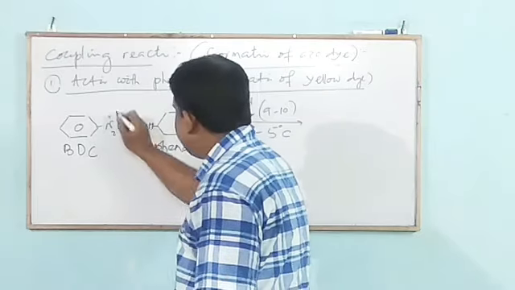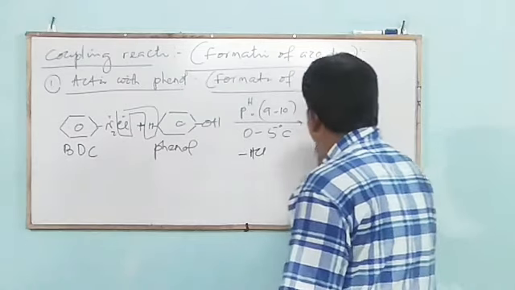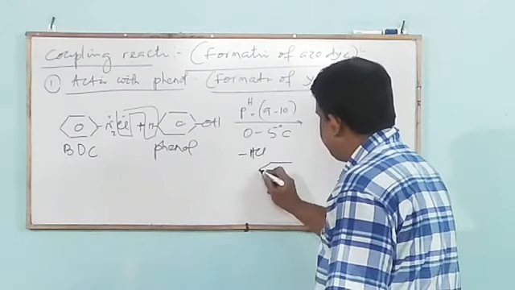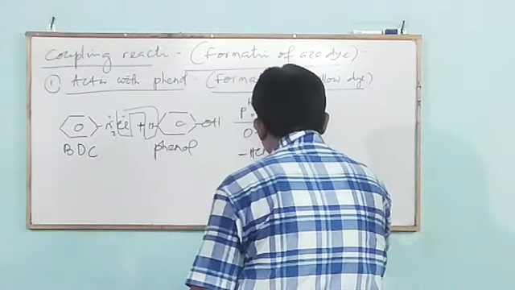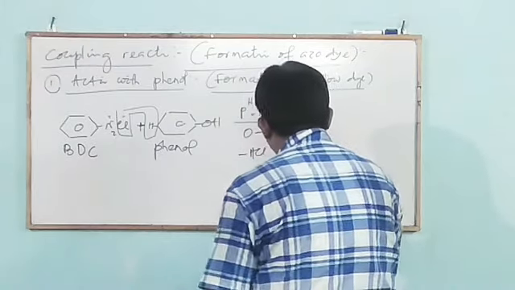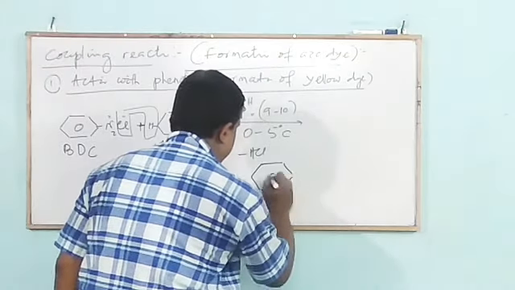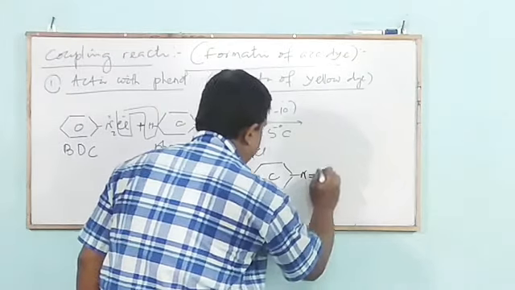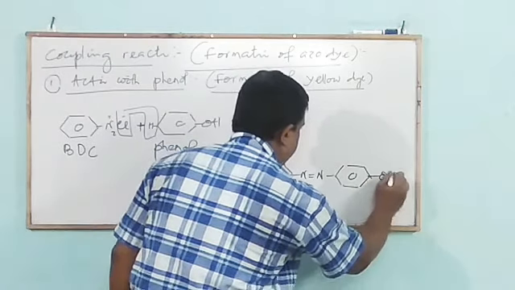here H is there, this Cl combines with H, the byproduct is HCl. So what is the product? N double bond N. Mark that.